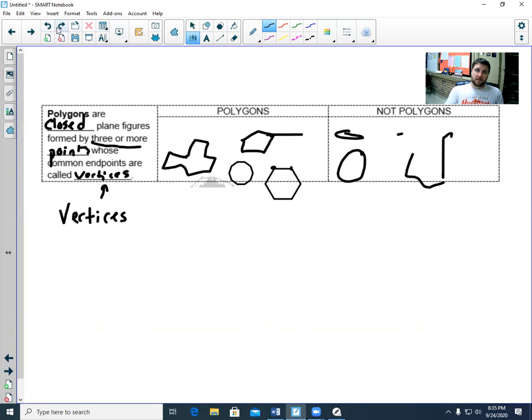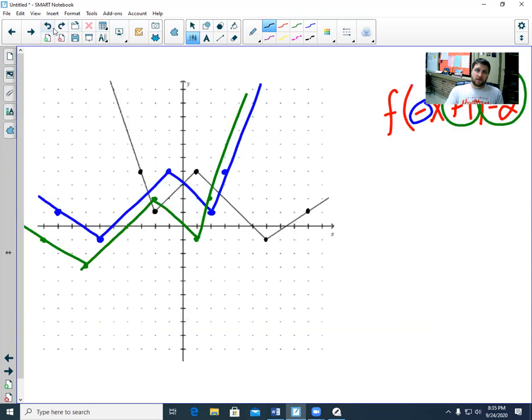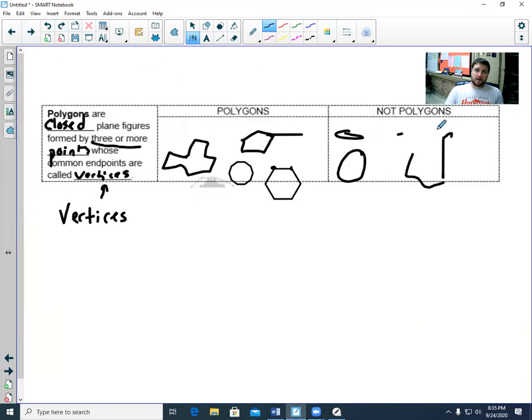Technical difficulties. There. This thing would not be a polygon. This thing would not be a polygon. If I draw a little triangle, but I don't close the triangle off at the top, that thing is not a polygon. So anything that does not close at the top is not a polygon.